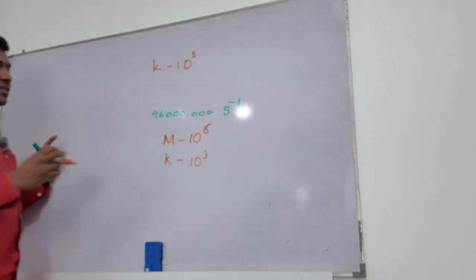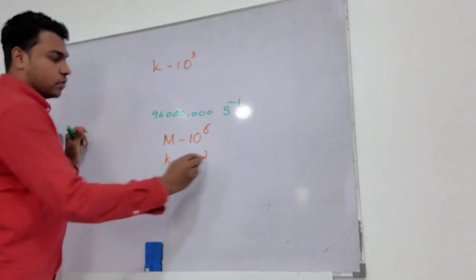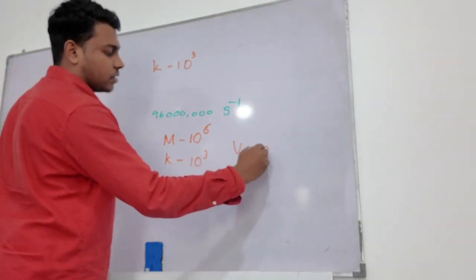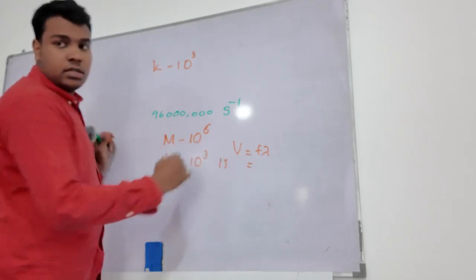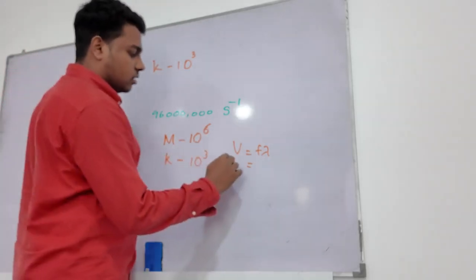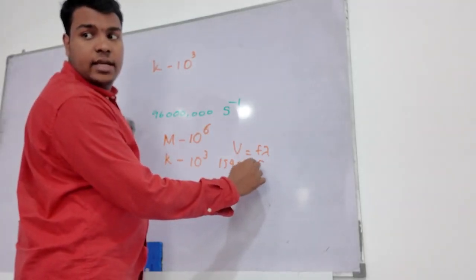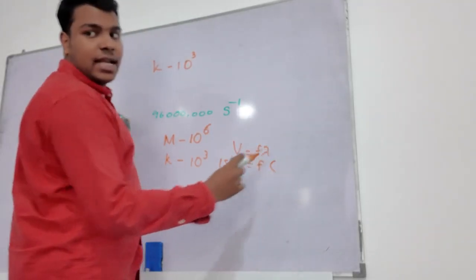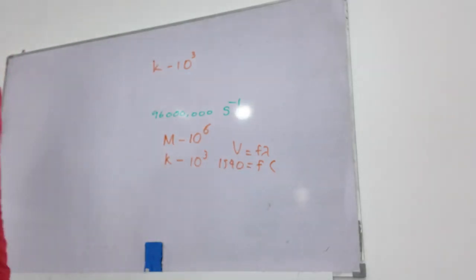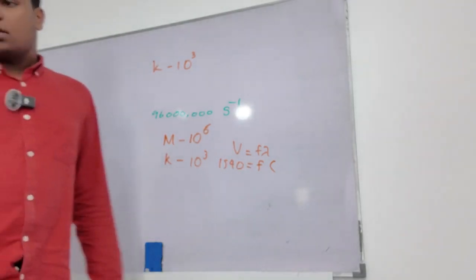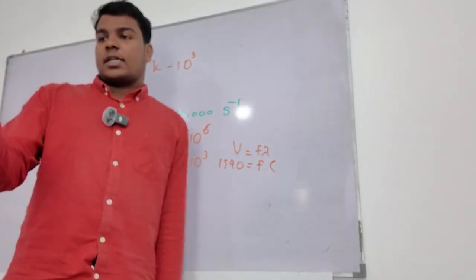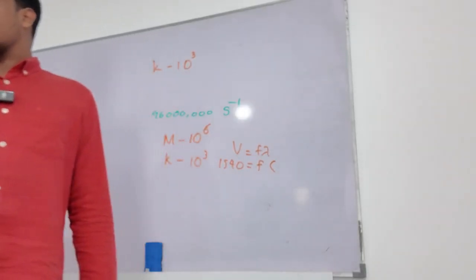So basically, here you just have to use the equation V equals F lambda for this question. We know V is 1540. We are supposed to find F. And they have given lambda as 0.00044. Then convert this to scientific notation, which you learn in mathematics.